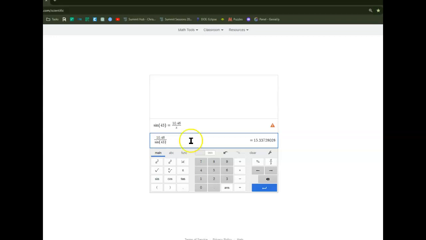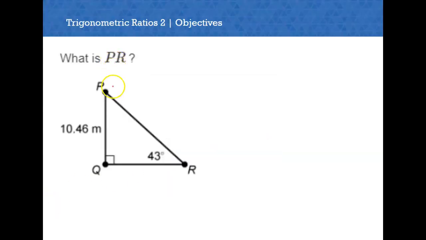Now, I get 15.3372828. I'm going to round this to the nearest hundredths place, and I'm going to get 15.34. That tells me that PR measures 15.34 meters.